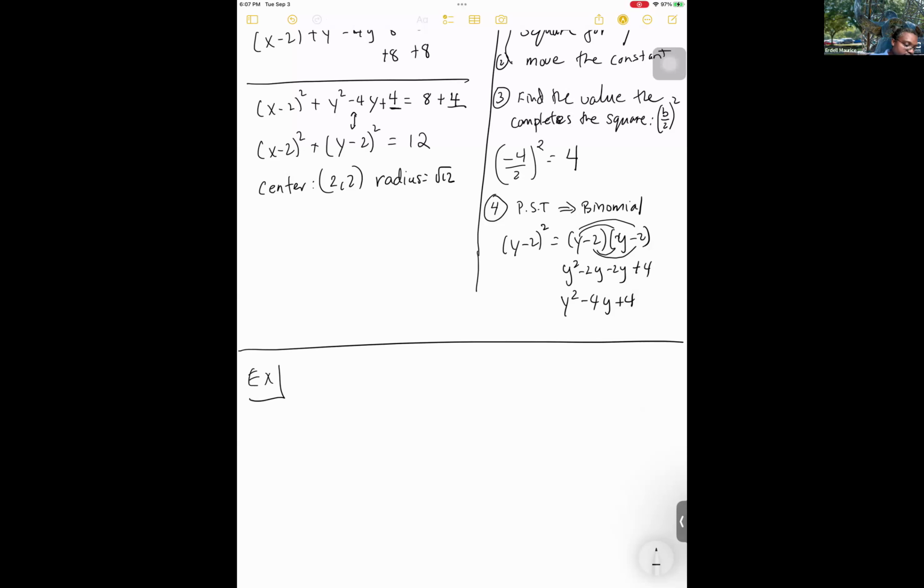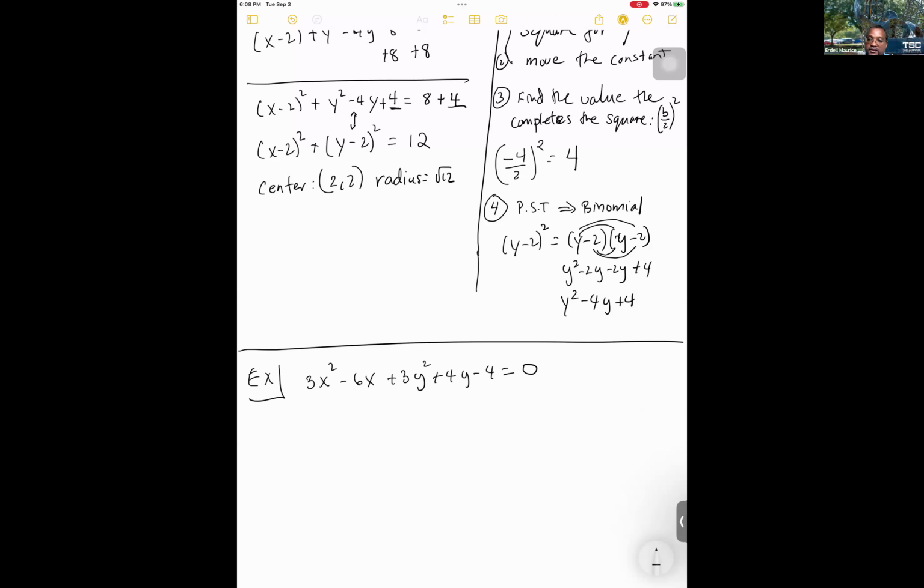Let's say I have this right here, 3x squared minus 6x plus 3y squared plus 4y minus 4 equals 0. This is an equation in standard form. In fact, everything is just crazy. Everything is just up in the air.